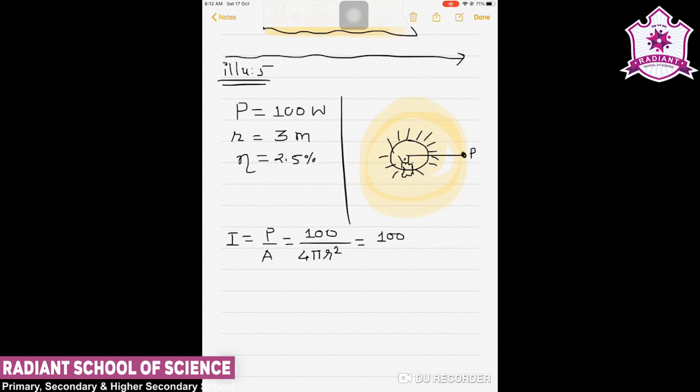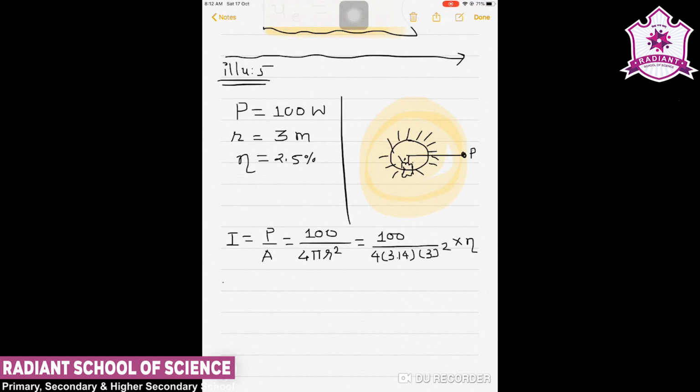I is 100 upon 4 into 3.14 into 3 square. And we are also given that the intensity has an efficiency of 2.5%, so here we also have to multiply it with the efficiency.